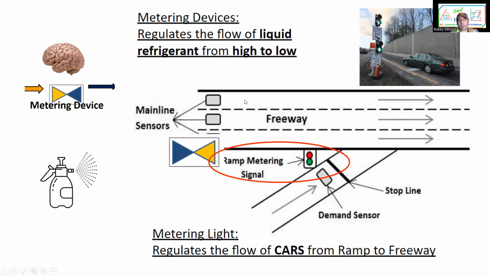Same thing on the California highways: we have metering lights that regulate the flow of the cars. The expansion device's job is to regulate the flow of the refrigerant in a similar way. And we have many kinds of metering devices: electronic, thermostatic, capillary tube, orifice, and automatic valves. And we'll cover that in detail when I talk about expansion valves.